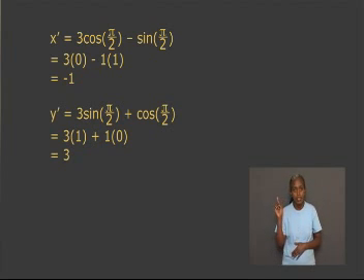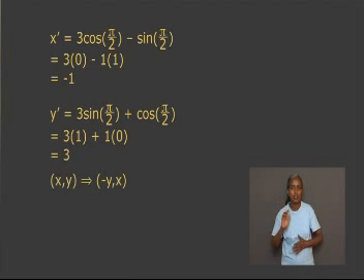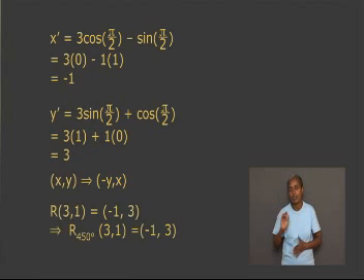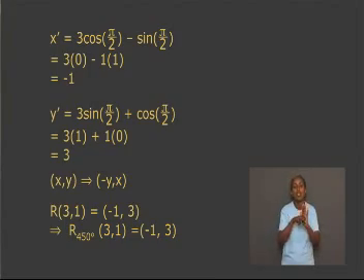This is equal to 3. Remember, students, the rule we just learned. Because the rotation is pi over 2, x and y become negative y and x. Therefore, the image of the point is located at negative 1 and 3.